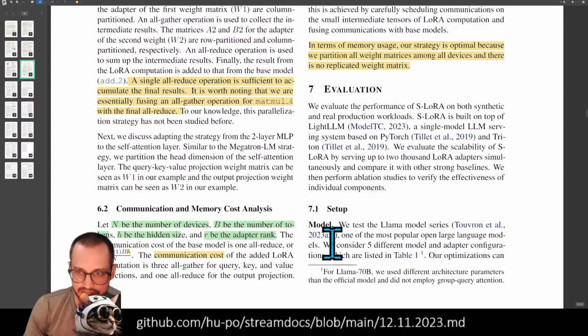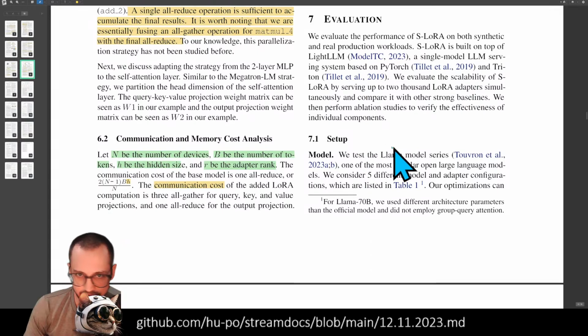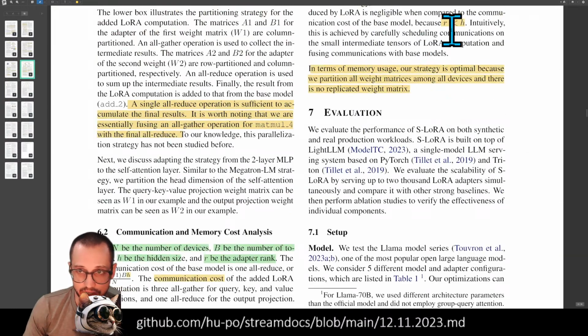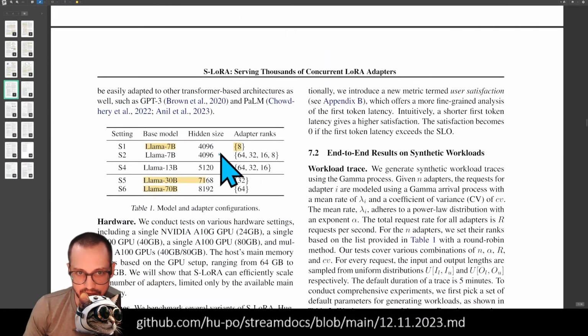The next section here is the evaluation. They're going to evaluate this on a bunch of different Llama models with different LoRAs. Here they have Llama 7B, which is the small one, and then Llama 30B and Llama 70B. This gives you numbers for the adapter rank R. For the small models you have an adapter rank of 8, which is still much smaller than the 4,000 hidden size.